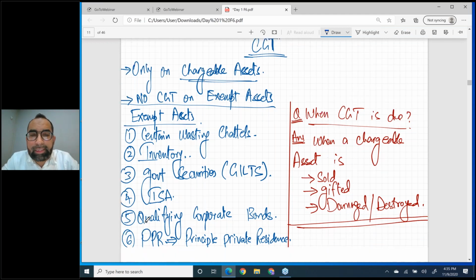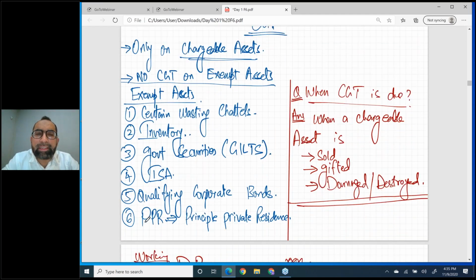Open your eyes and see, there is a list: certain vesting chattels, inventory, government securities, gilts, ISA, individual savings account investments, qualifying corporate bonds, and one more thing, principal private residence. A private residence, if it is completely owned and used for residential purposes, is also exempt, and we'll be doing this soon, right? So these are some of the exempt assets, and there is no CGT on exempt assets.